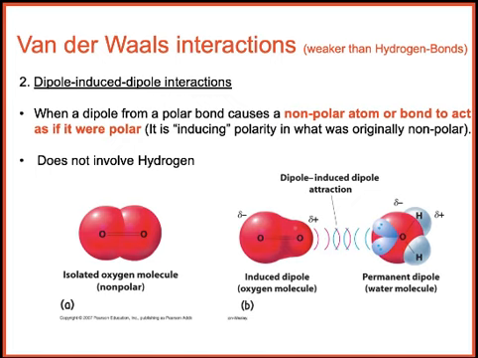The minute you bring this water molecule or another molecule close to it, let's say there's this negative dipole for the oxygen, and you bring it closer and closer to that other oxygen, all of a sudden the oxygen goes, ooh, what's that over there? So you induce a dipole just by approaching it slowly. That's induced.